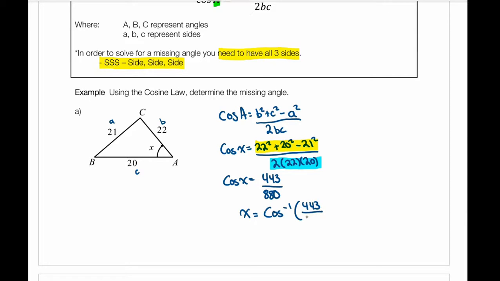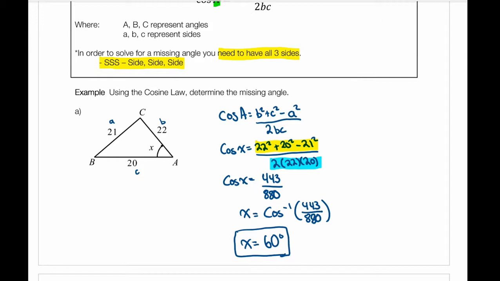So cosine inverse of this fraction is going to give me my angle. So cosine inverse of 443 divided by 880. You could simplify that on your own or previously if you wanted to. And we should get roughly 60 degrees.